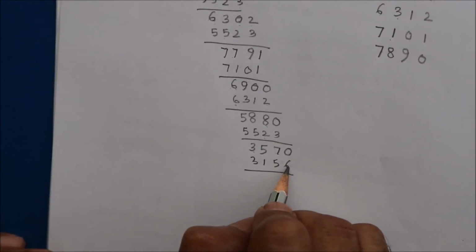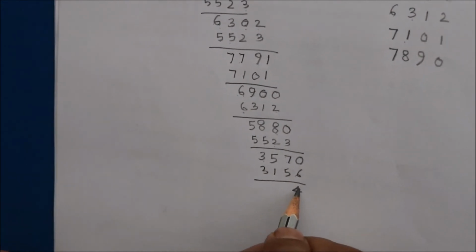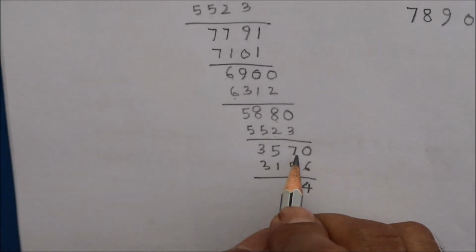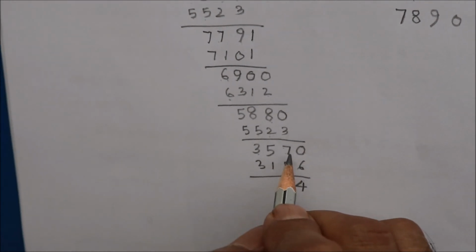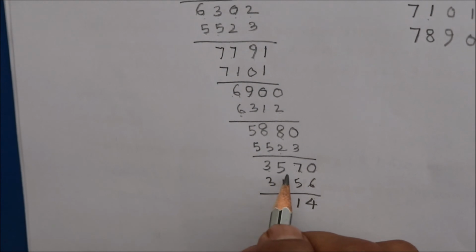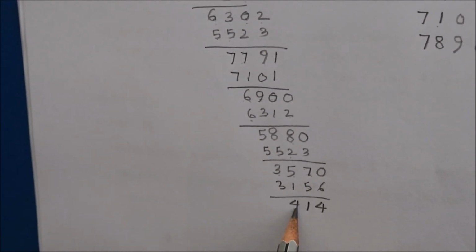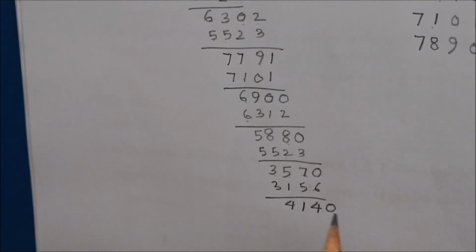Okay, minus 6 plus 4. 0 plus 4, 4. 7 minus 1, 6. 6 minus 5, 1. 5 minus 1, 4. Bring down 0 here.